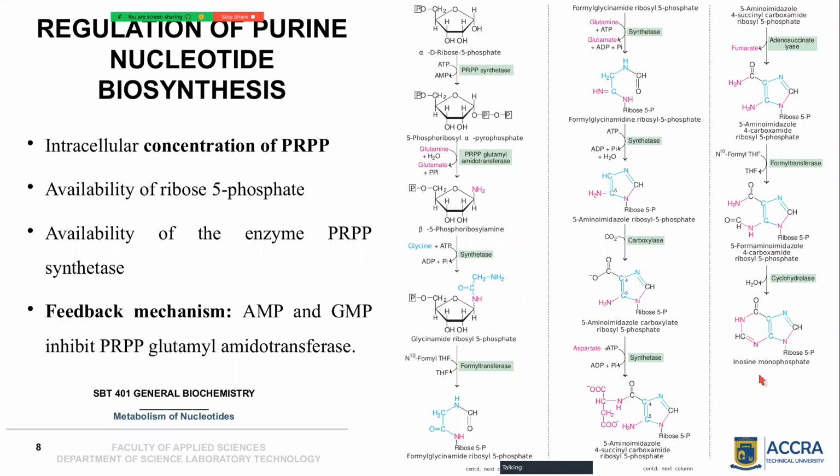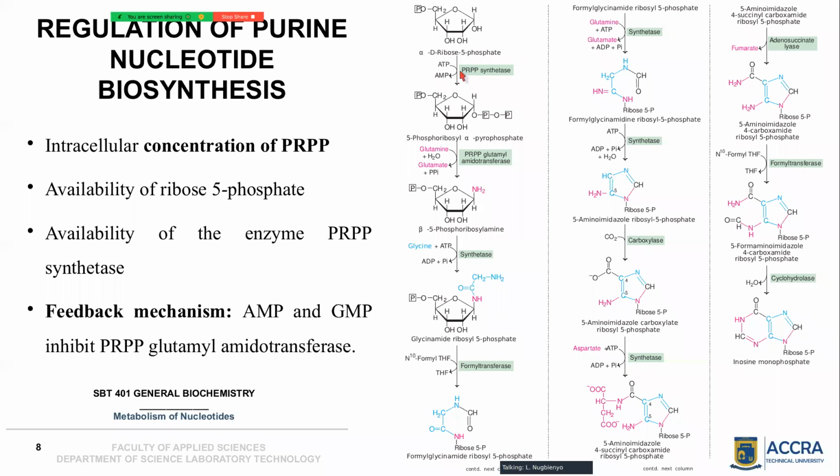Now, that is about the negative aspect of it. How about the activation of the process itself? For instance, in order for this reaction to occur, logically, you should have enough of the phosphoribosylpyrophosphate. Of course, that is what will go into the very first reaction.